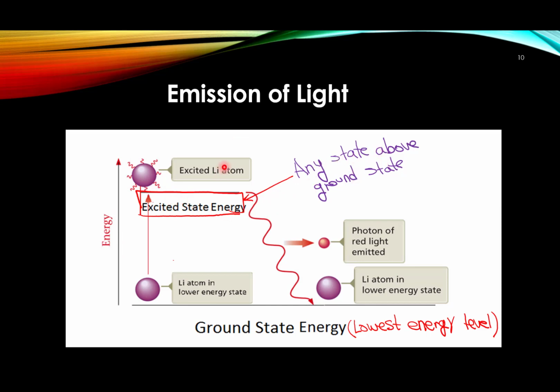And then eventually that excited lithium has to come back down. Once it comes back down, it releases the energy in the form of light, and the color for it is red. That's why when we do a flame test for lithium, it's a red color.